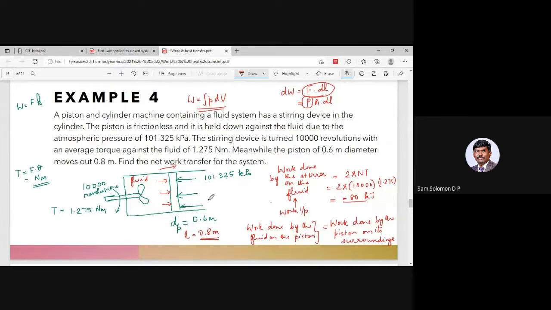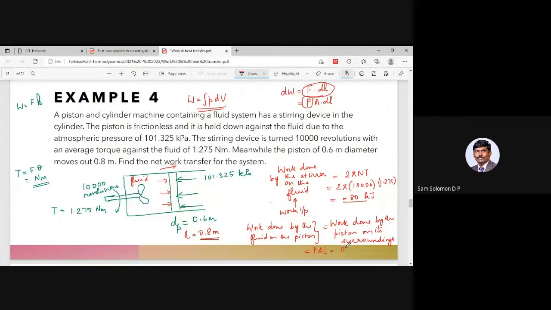And because this pressure is known, we do not know this pressure, because this pressure is known, we can take this criteria, work done by the piston on its surroundings. So work done by the piston on its surroundings, that would be the pressure of the atmosphere multiplied by the area of the piston multiplied by the length traveled by the piston.